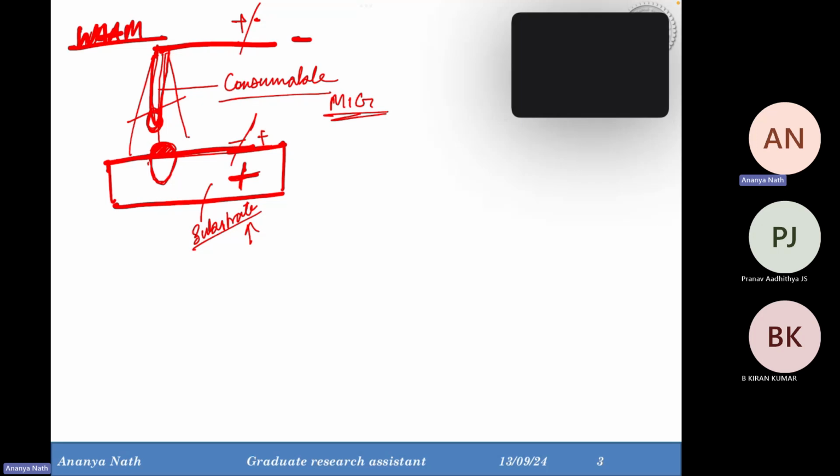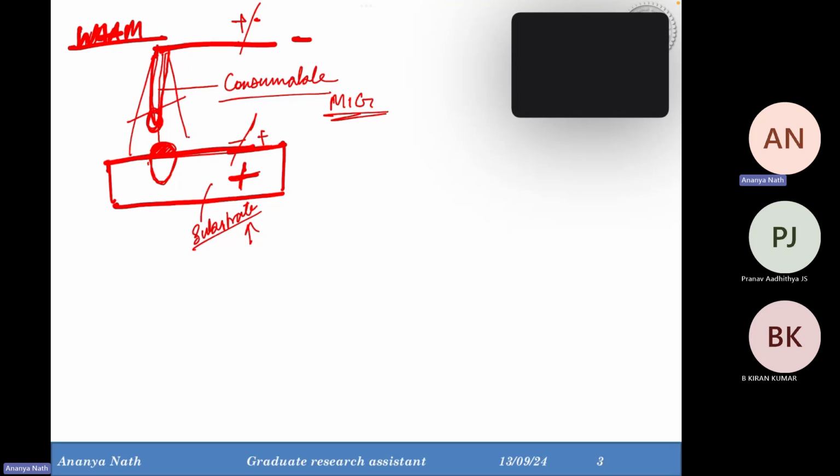Now, if you want to join two metals and you are using a consumable electrode, the electrode will get melted to add some extra material over the joint, and you want the joint to take place throughout the two metal parts. So you need a through penetration to both the metal plates that you are using to join. So there you need a very high penetration.